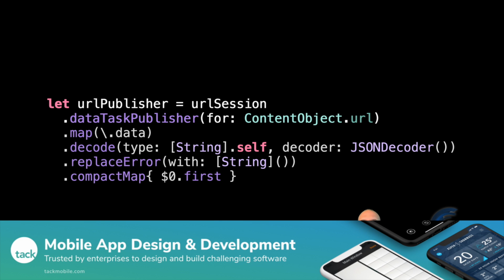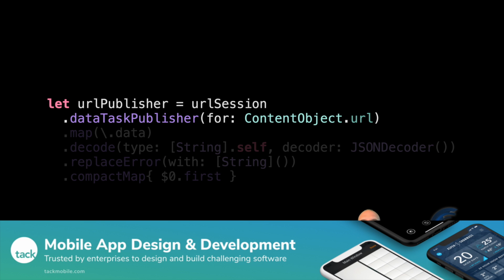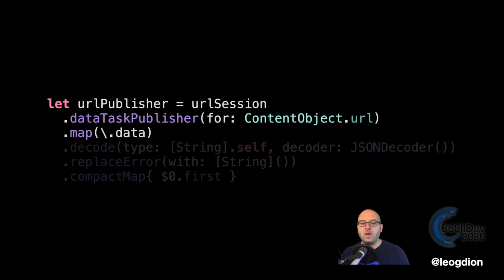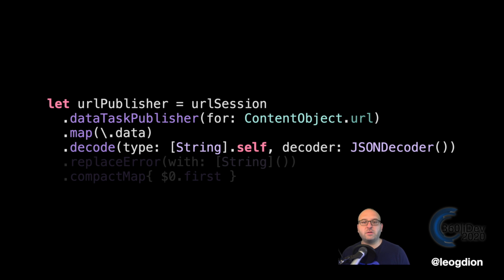While map is typically used for converting data using a closure, in this case, what we're going to actually want to do is grab the key path and use that to grab the data part of our tuple. Then we can decode the JSON from that data using decode and pass in a JSON decoder. We know bacon ipsum returns just simply an array of strings, so we decode that array into an array of strings.